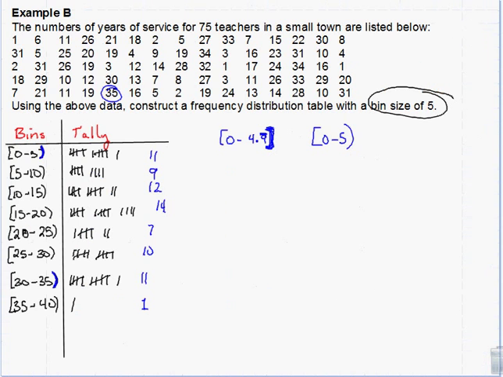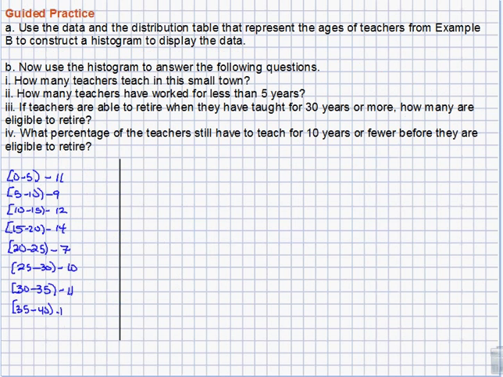No, it's not their ages. It's the number of years of service for the teachers. The ages were on the other chart. Okay, so here's 0 to 5, 10, 15, 20, 25, 30, 35, 40. That's wide enough, so we've got plenty of room.